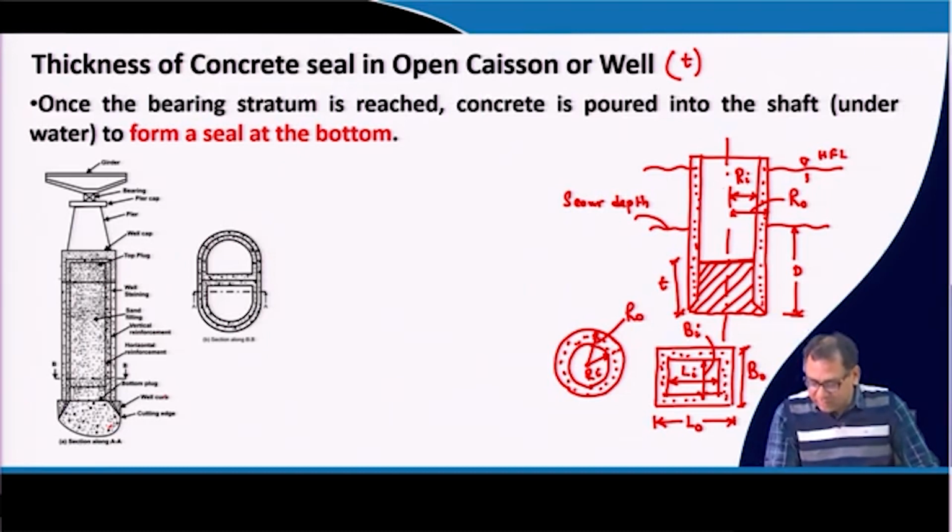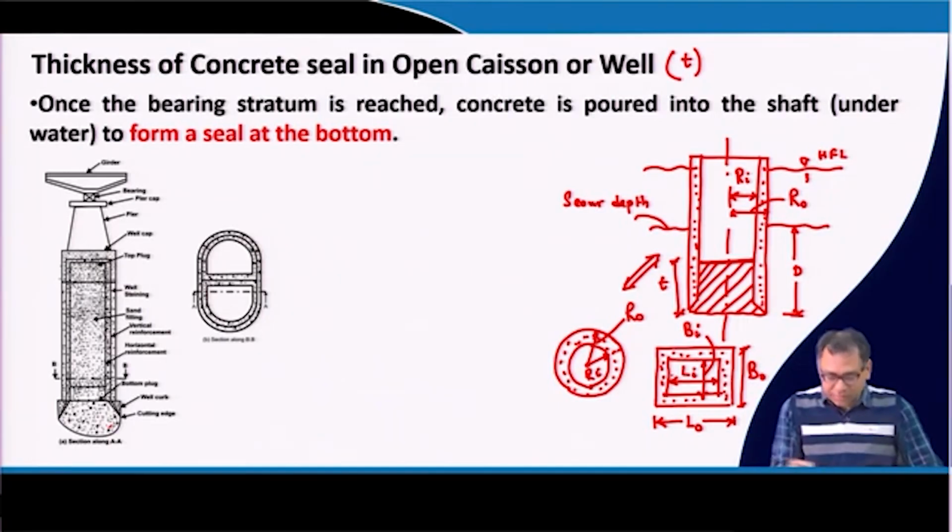These are the two sections: this is the plan, circular cross section, and this is the section. The section figure I have drawn is for the circular cross section, but it can be rectangular also.